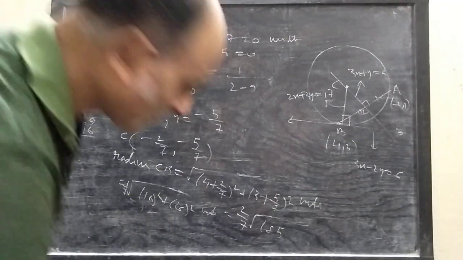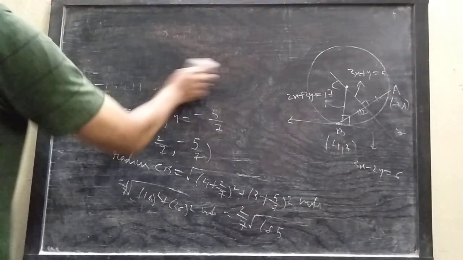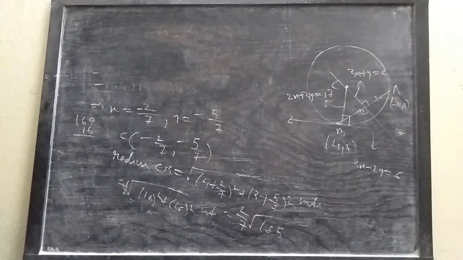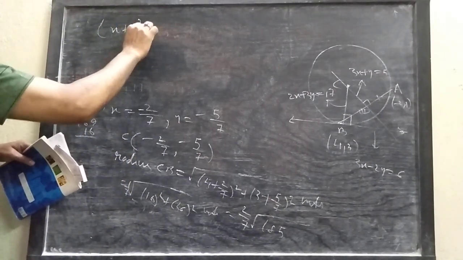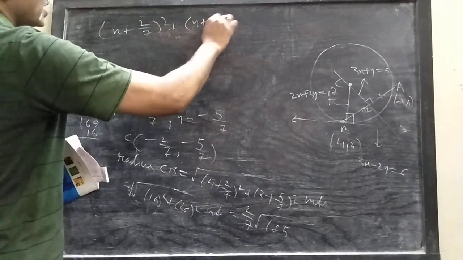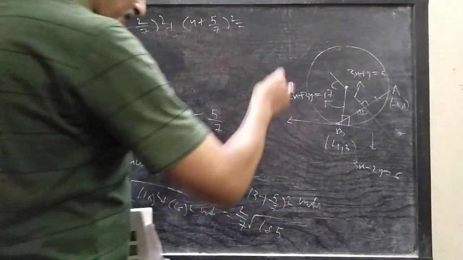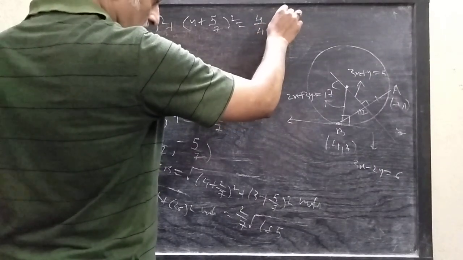Now the equation of the circle can be written as (x plus 2/7) whole square plus (y plus 5/7) whole square equals radius square, that is 4/49 into 185.